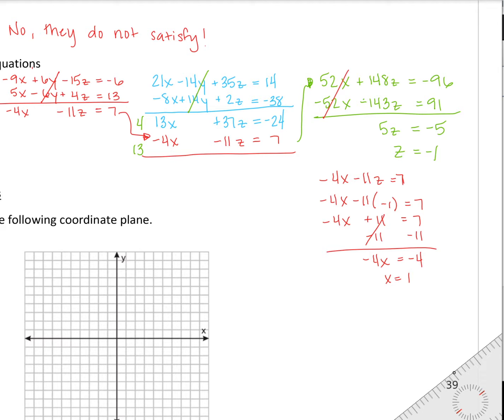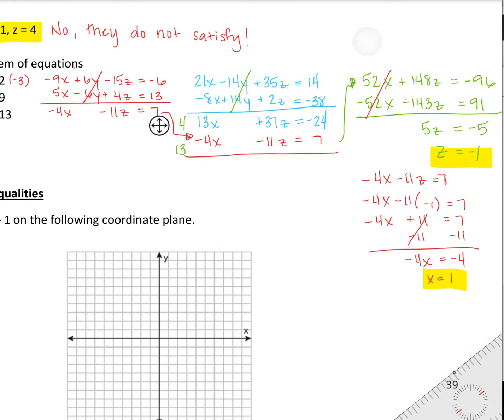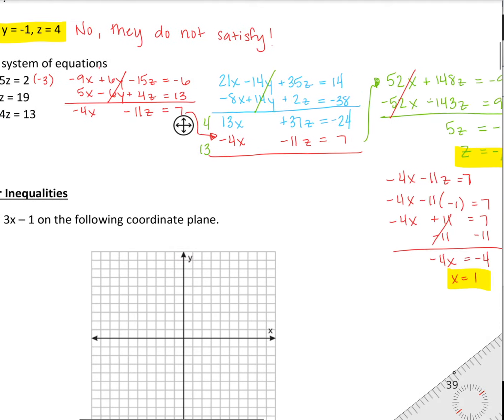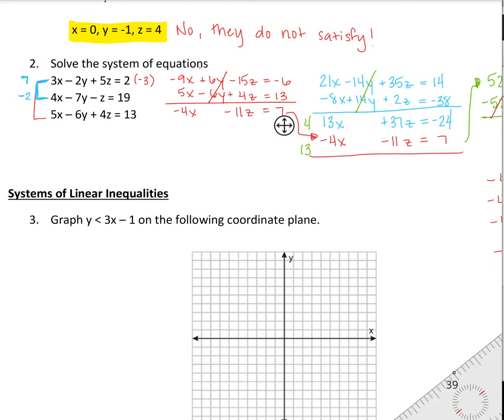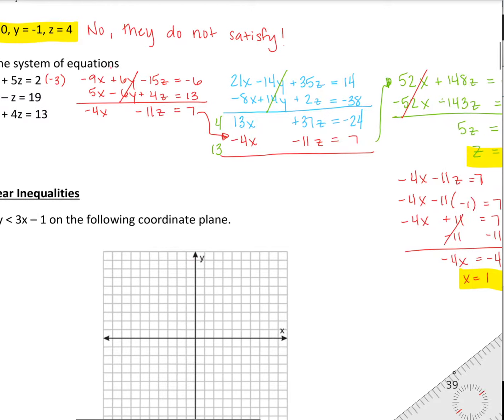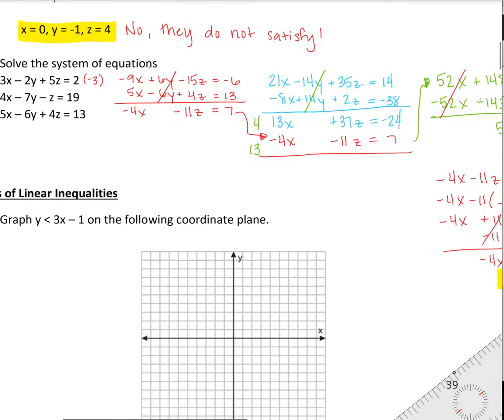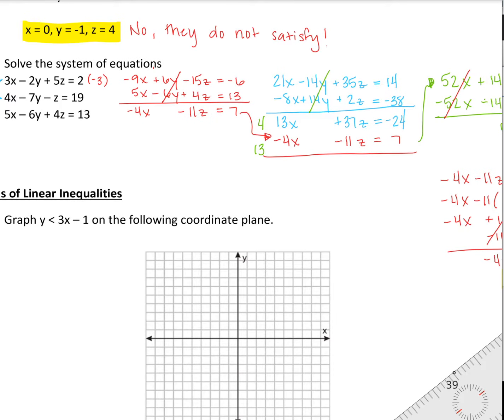So I have my z. I have an x. Now I need to just do my y. So I'm going to go back to an original that has y in it, and I'm going to plug in that x and that z that I got. So I'm just going to choose the very first one, and I'm going to come over here because I'm running out of space.